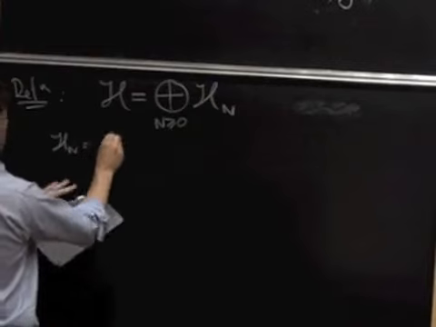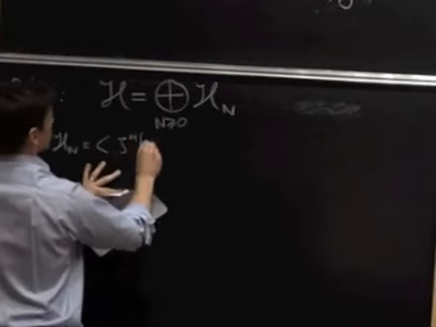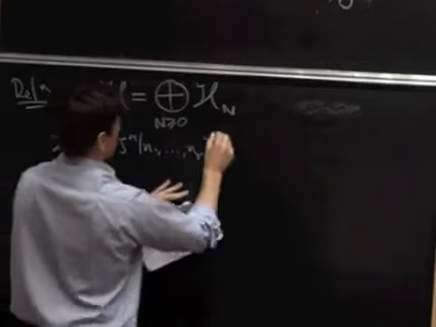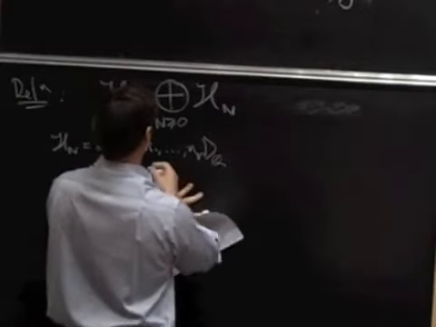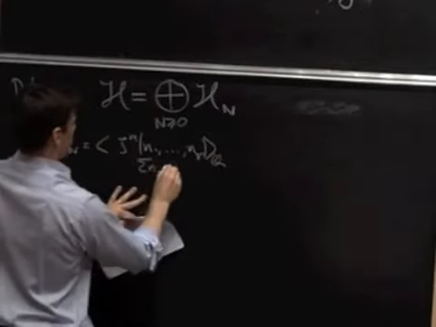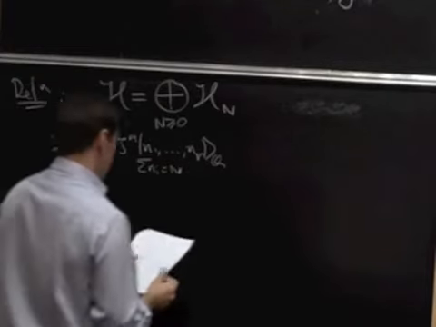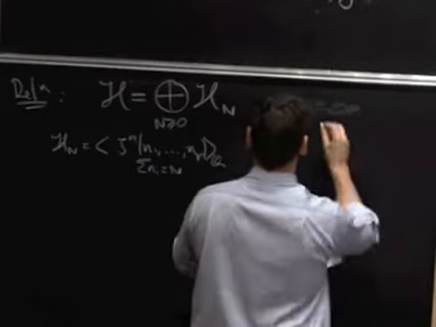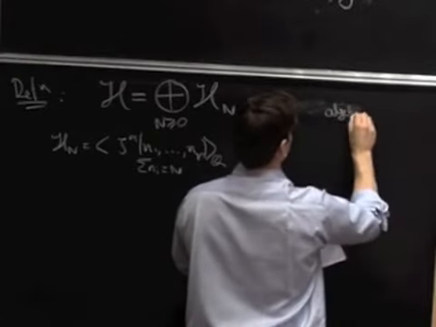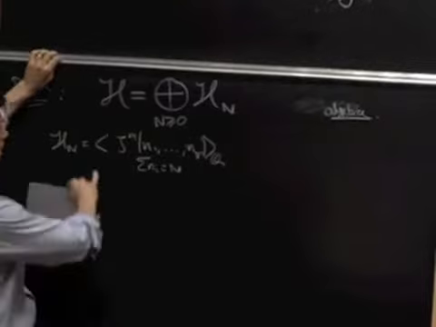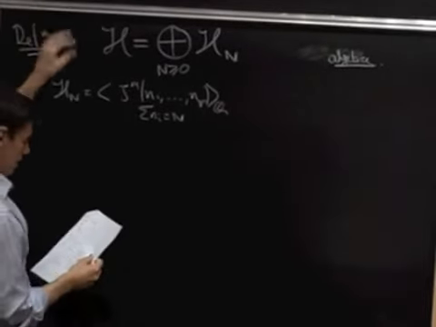Hn is the Q vector space of Motivic multiple zeta values of weight n. And you can show that this is an algebra. The multiplication rules that I wrote down at the beginning remain true in this Motivic setting.